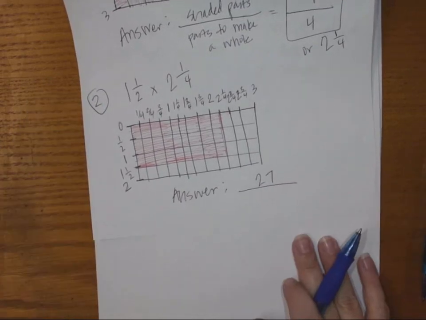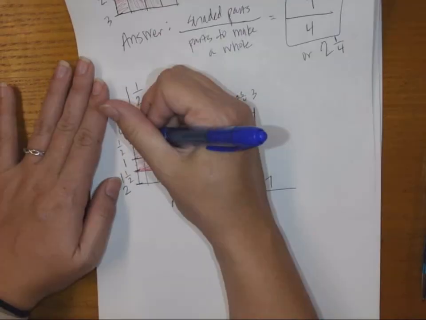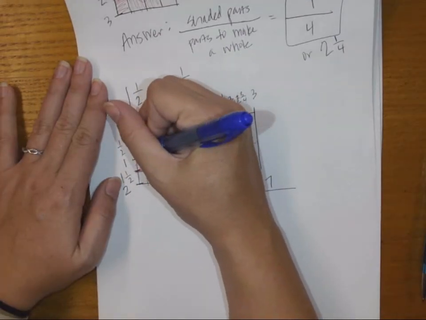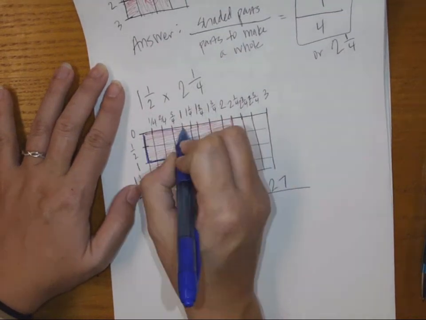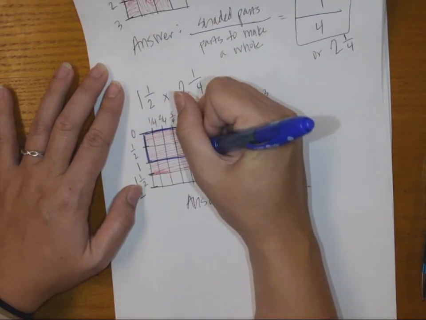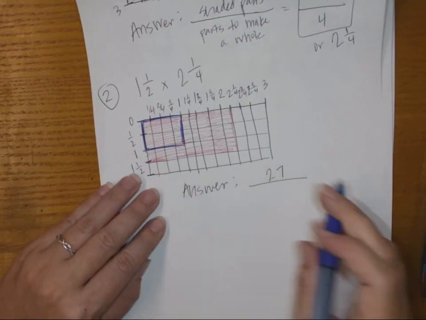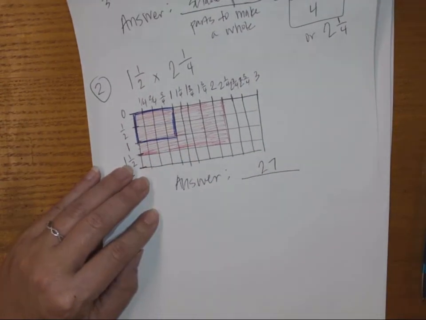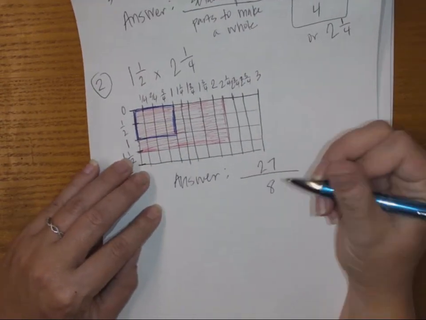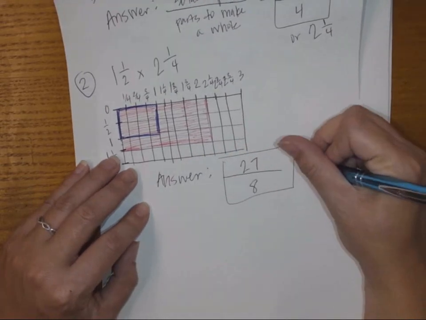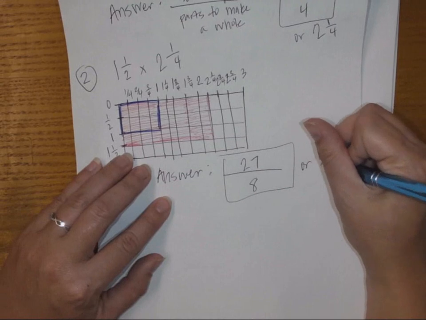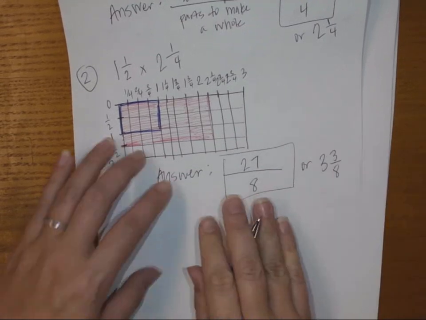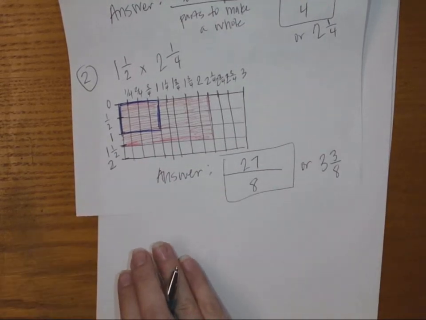So to figure that out, you have to do a 1 by 1, which would be this right here. So that's my whole. So that's 8 pieces on bottom make a whole. So 27/8. Or if you make that a mixed number, 27/8 is actually 3 3/8.